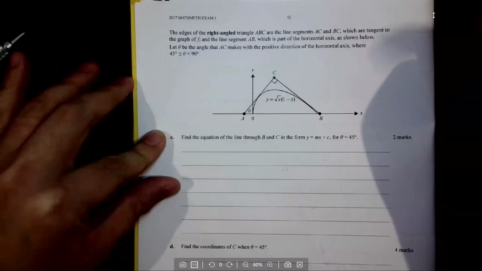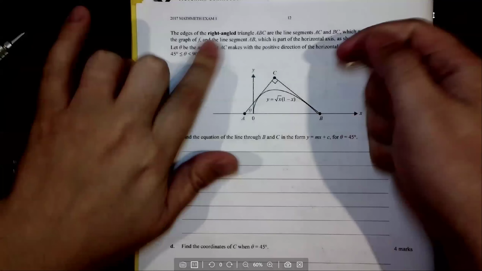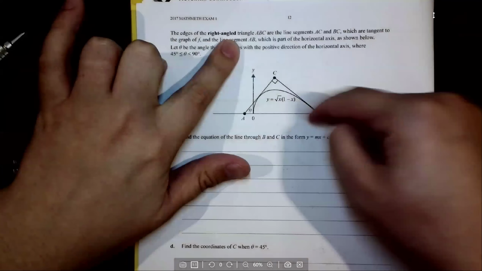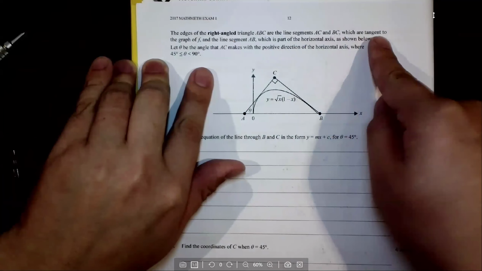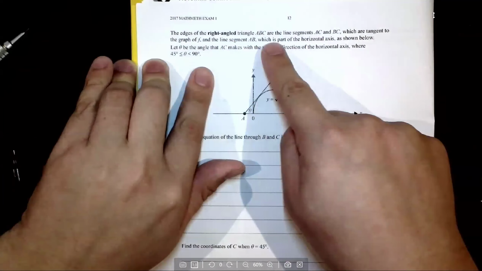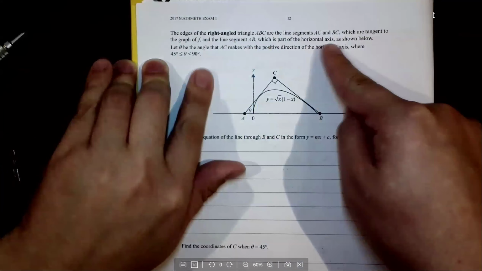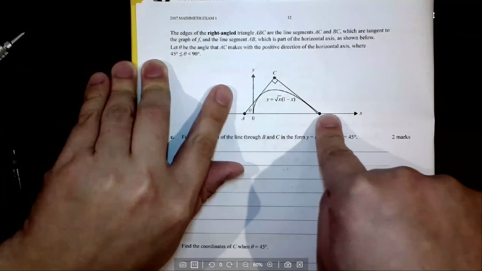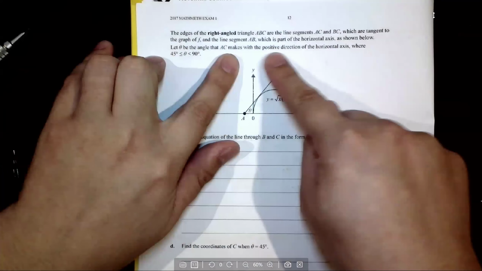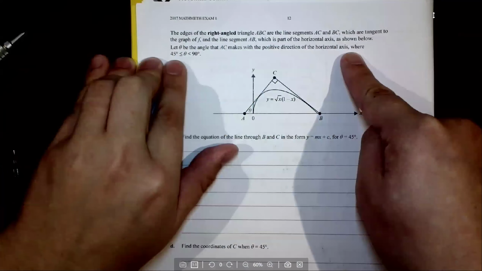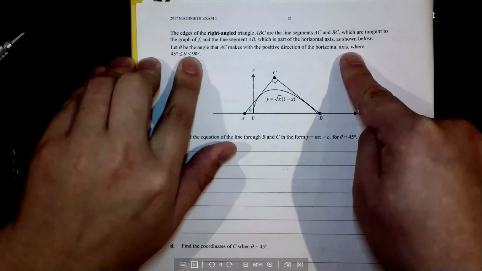And if we look at the preamble of the question, the edges of the right angle triangle ABC are the line segments AC and BC, which are tangents to the graph of f, and the line segment AB, which is part of the horizontal axis, as shown below, here and here. Let theta be the angle that AC makes with the positive direction of the horizontal axis, where theta goes from 45 degrees to 90 degrees.